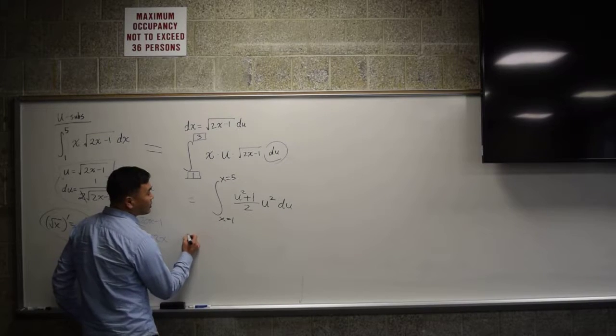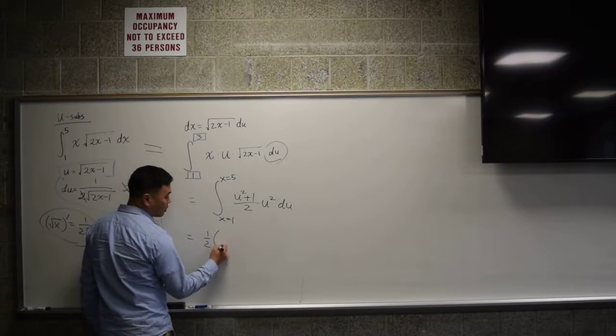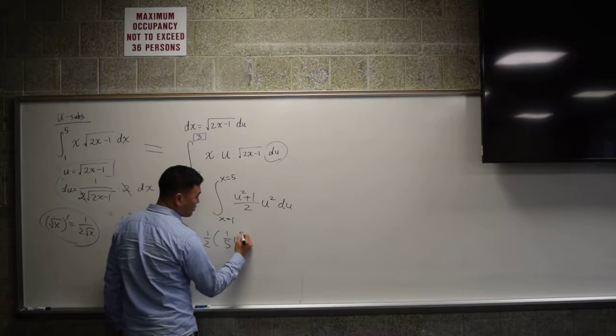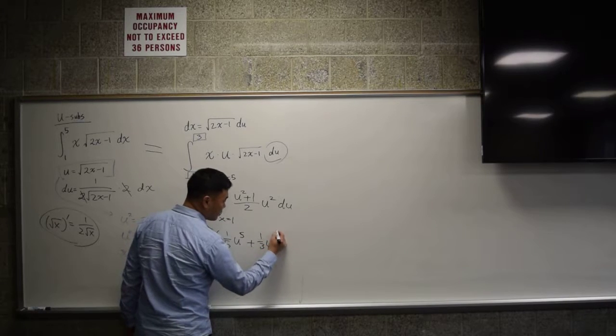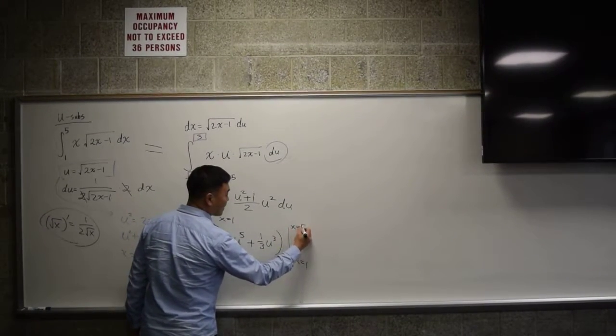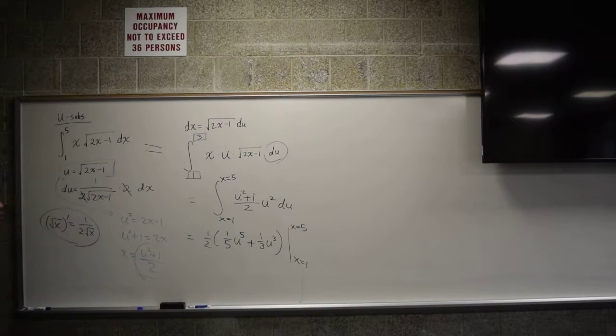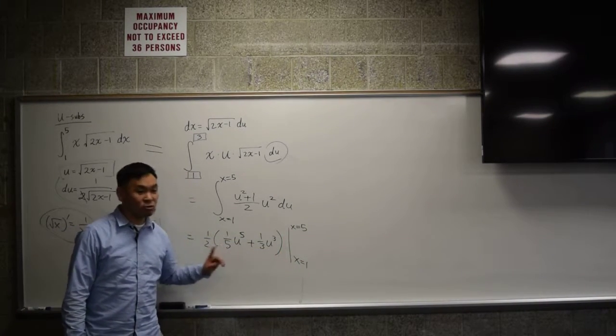So when you integrate this, what are we getting? It's the same integral. You get 1/2 times 1/5 of u to the 5th plus 1/3 of u to the 3rd. And then you're trying to plug in x equal to 1 and x equal to 5. Because these are values of x, you can't plug these into u.